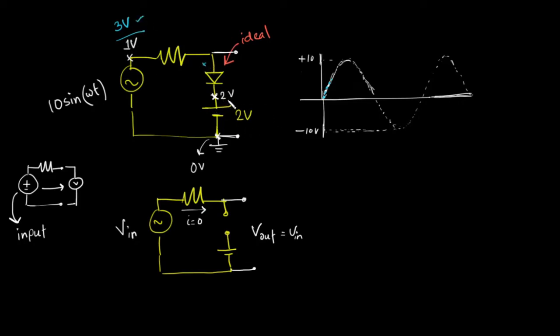The cathode is at 2 volt, but the anode is connected to a voltage that is at 3 volt. So the diode will become on. And since we are assuming that the diode we are using is ideal, an on diode is actually equivalent to a short circuit. So if we draw this circuit with a short circuit, it will look like this.